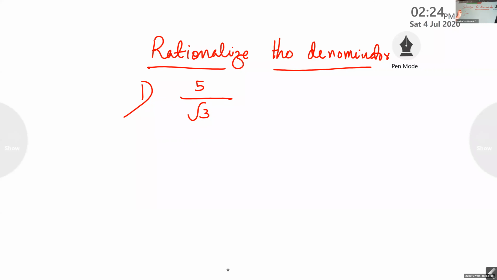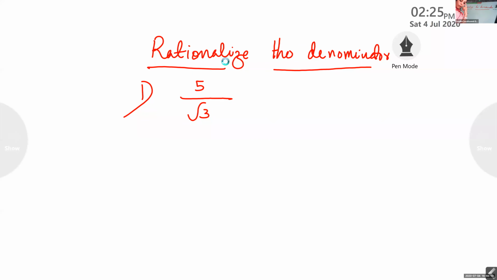Rationalize the denominator means, can you see an irrational number in the denominator? What is that irrational number? Root 3 is the irrational number. So what we have to do is remove that root 3 from the denominator.